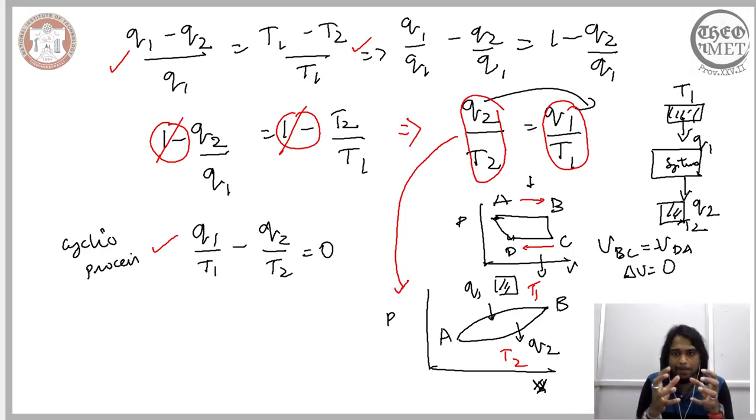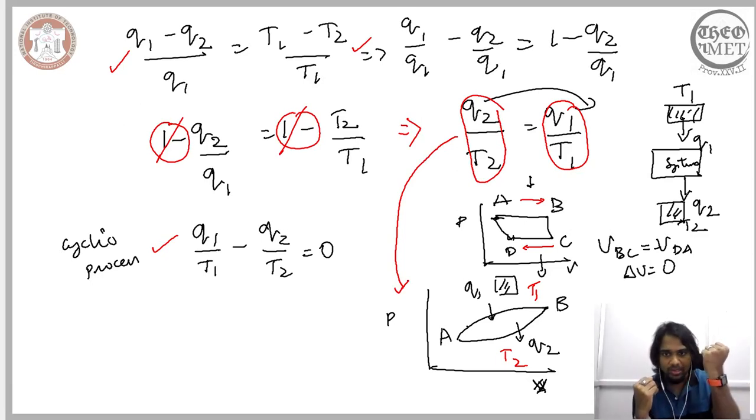Now if you consider this process in terms of the heat engine, we have arrived at a cyclic process primarily because we are able to relate or equate the heat input to the heat output. So whatever change has occurred by the heat input is equal to the change that has occurred by the heat output.